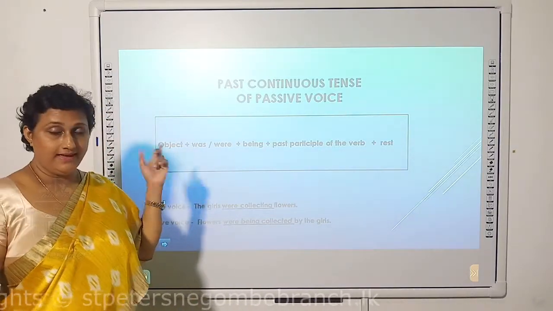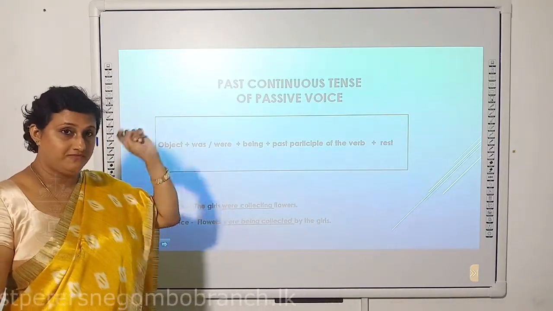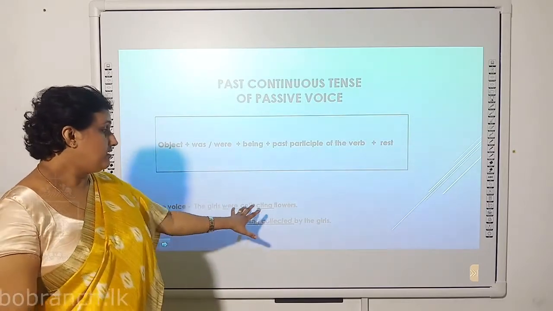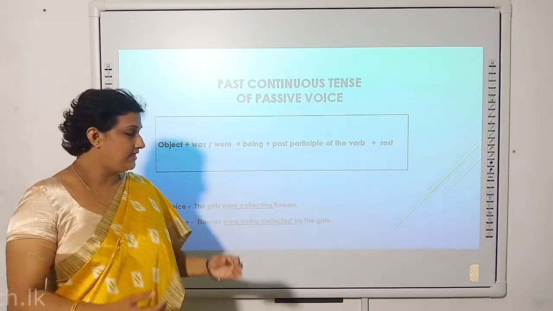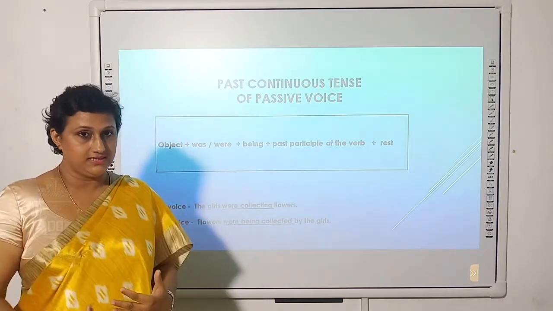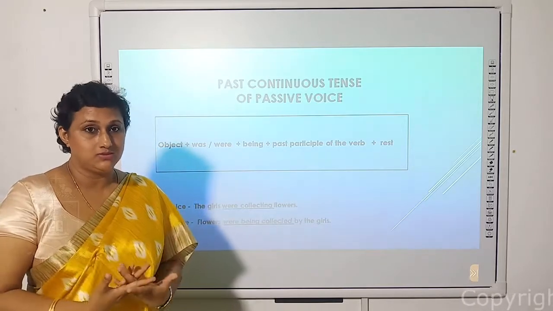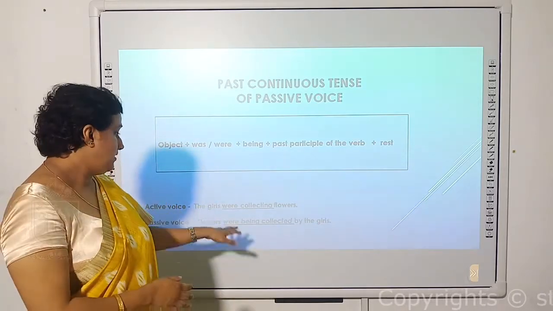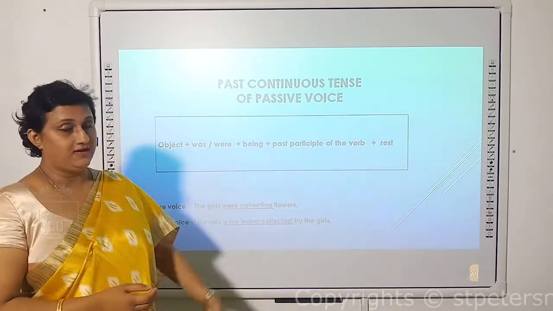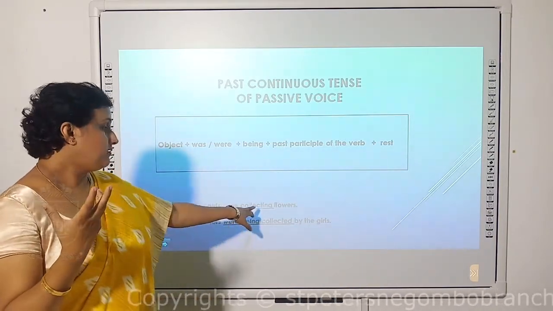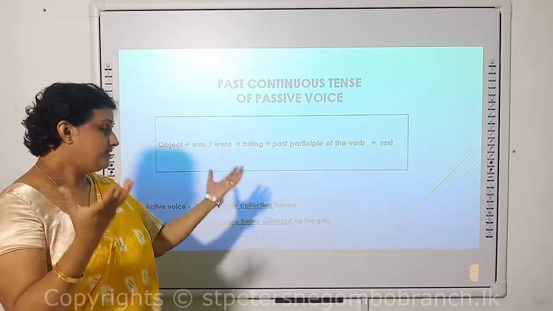Same sentence which I took for the previous slide. That is active voice. The girls were collecting flowers. When you say were, it belongs to past tense, right? From that only you have to identify which tense it belongs to, whether it is present or past. The girls were collecting flowers. So what is were? Were collecting. Who was collecting?